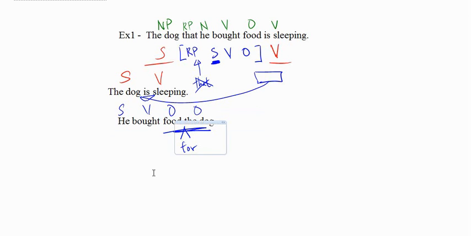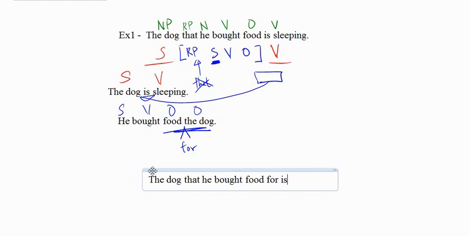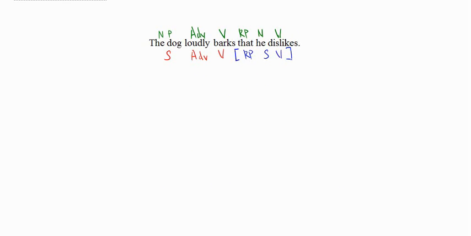Now, when we apply this whole new adjective clause, or new sentence that'll form the adjective clause, this is what it'll sound like. The dog that he bought food for is sleeping. And so adding this preposition corrects the problem that was originally happening in the original adjective clause.